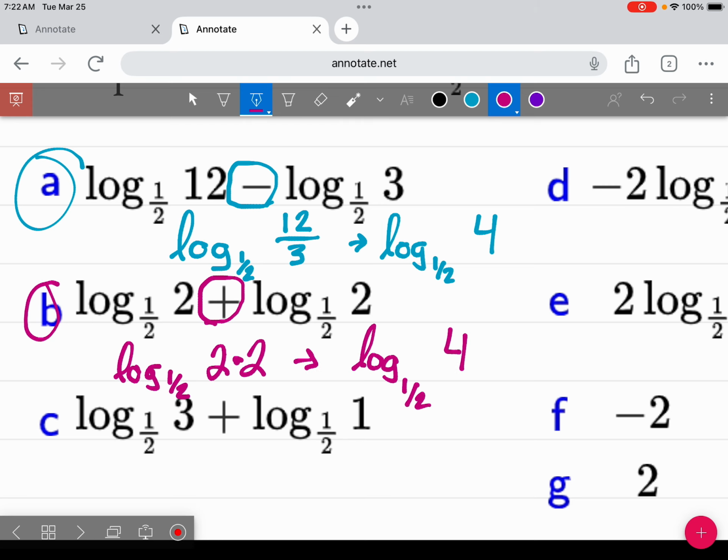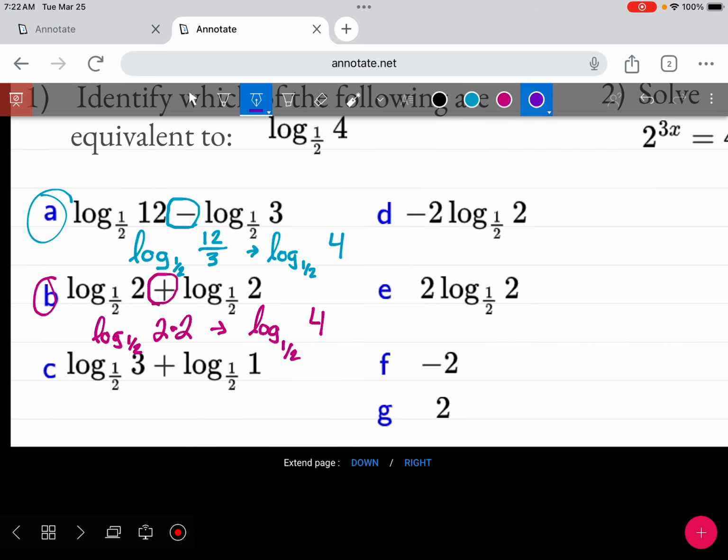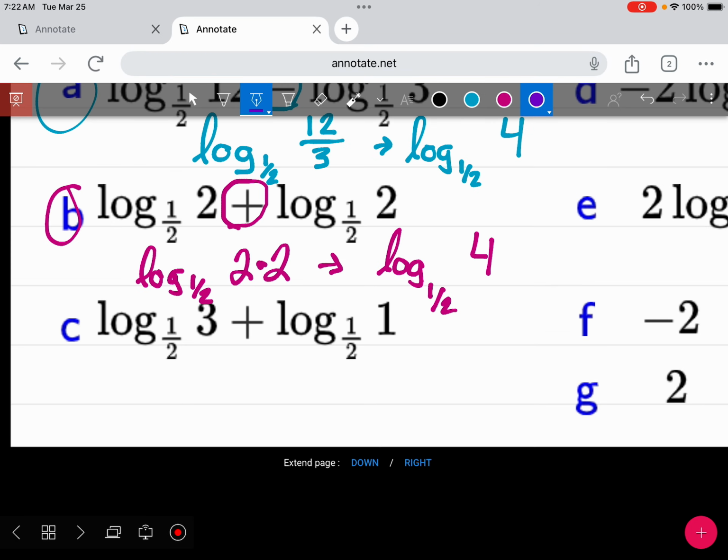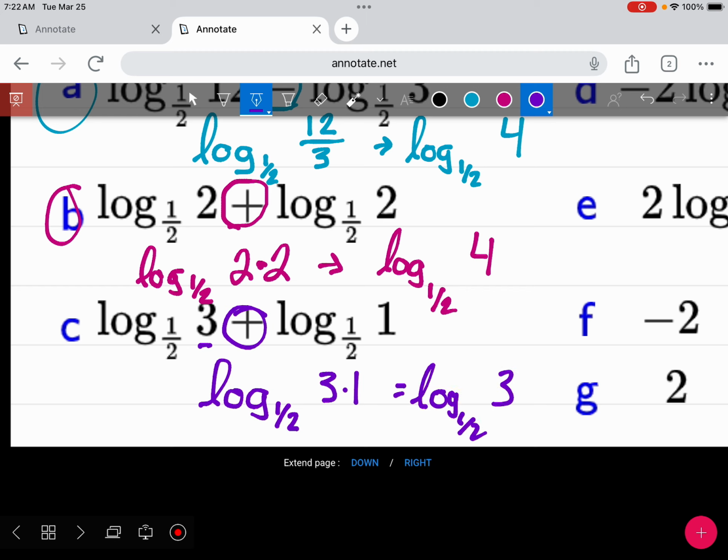So this one is the same. What do we get for C when we condense that down? Because we have, again, a plus right here, that means we're going to take our 3 times 1. That one does not equal 4, because this is log base 1/2 of 3. So that's not one of them.